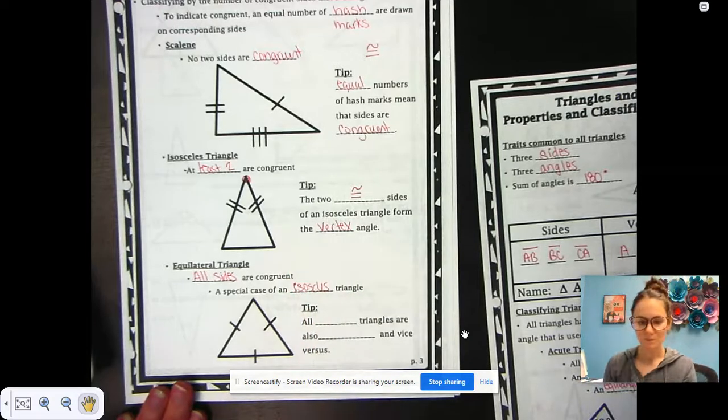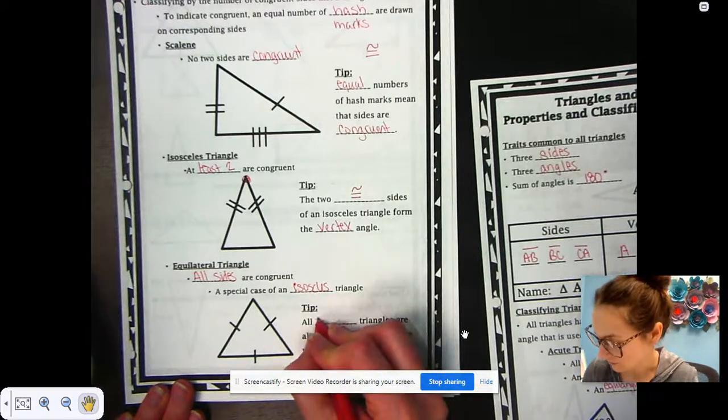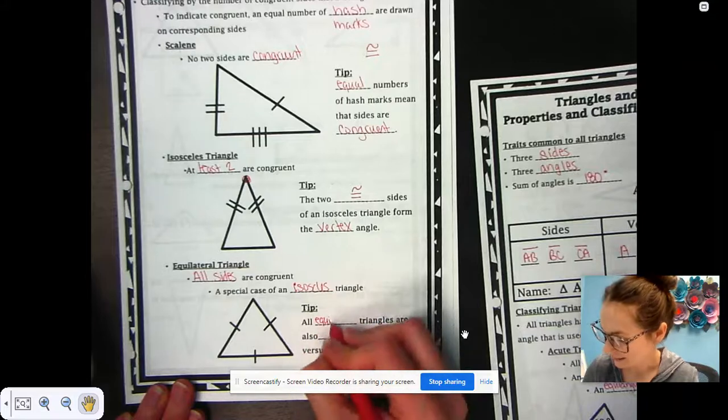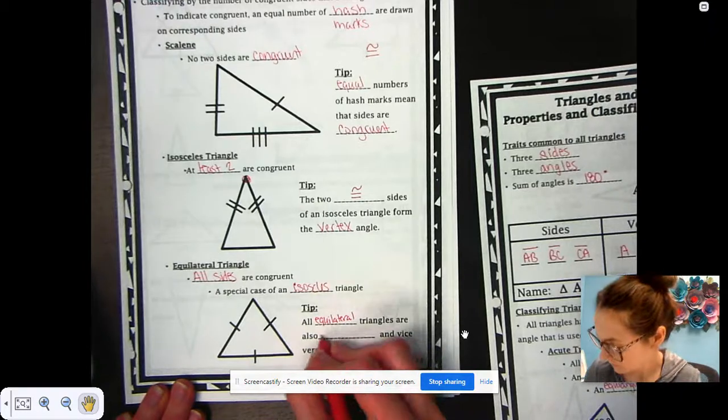Another tip, all equilateral triangles are also equiangular and vice versa, meaning if they have the 3 sides equal, that means all of their angles are going to be equal as well. So equilateral triangles are also equiangular.